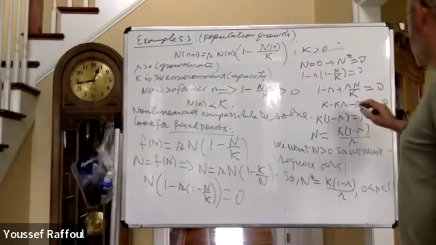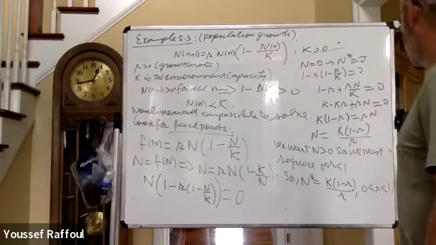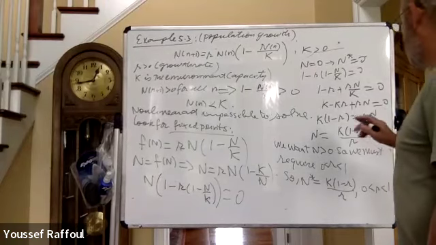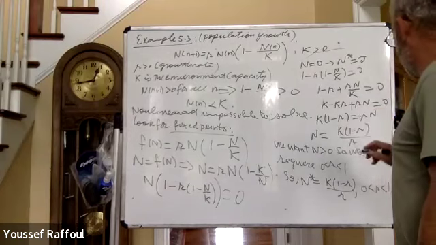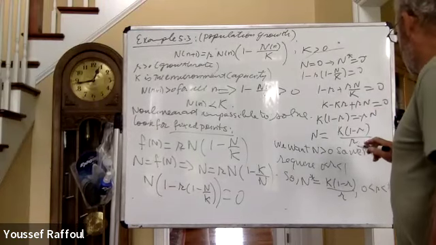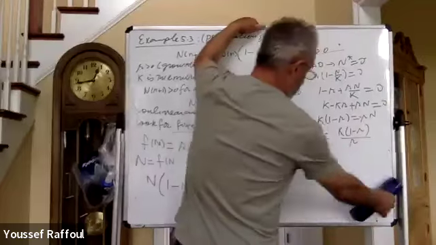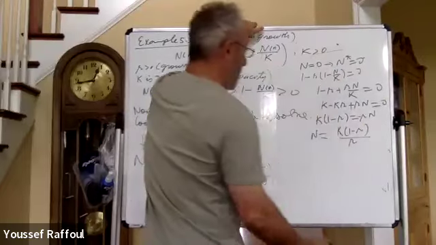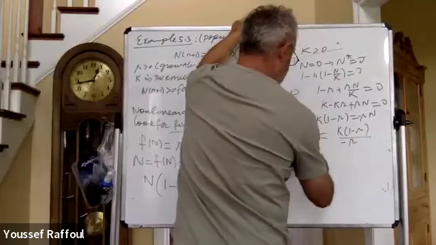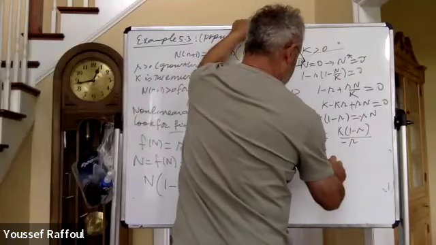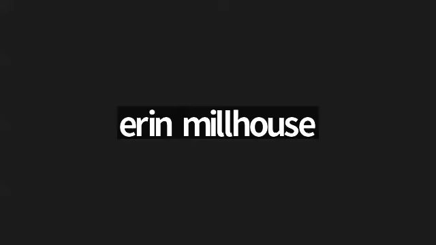This is a plus. So this is minus, so this is r minus 1 times k over r.